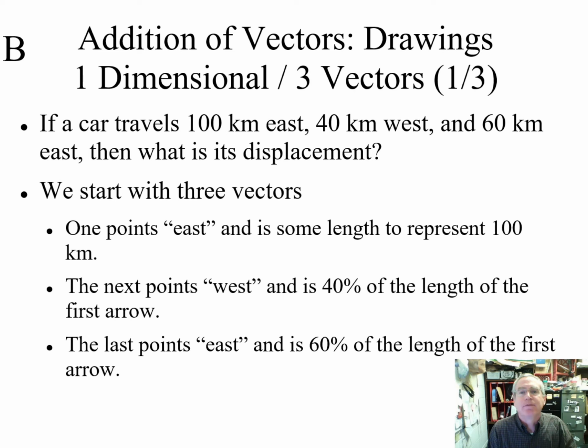I have two pointing east and one pointing west, and when adding them graphically, it is good to represent this. Whatever scale we are using, the 100-kilometer one should be the longest one. That should be 60% of the first vector, and that should be 40% of the first vector, or 2/3 of the length of the third vector.